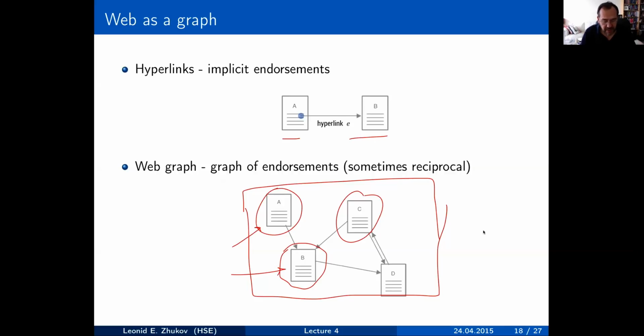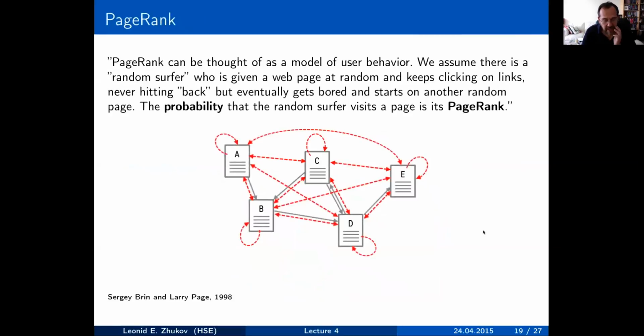But we'll have all the problems we saw previously. Now, there is a way to transform this problem into something easily solvable, and that's what the PageRank guys came up with.